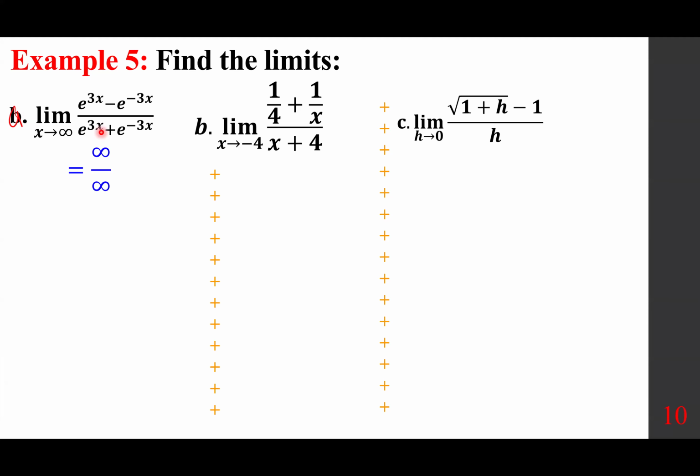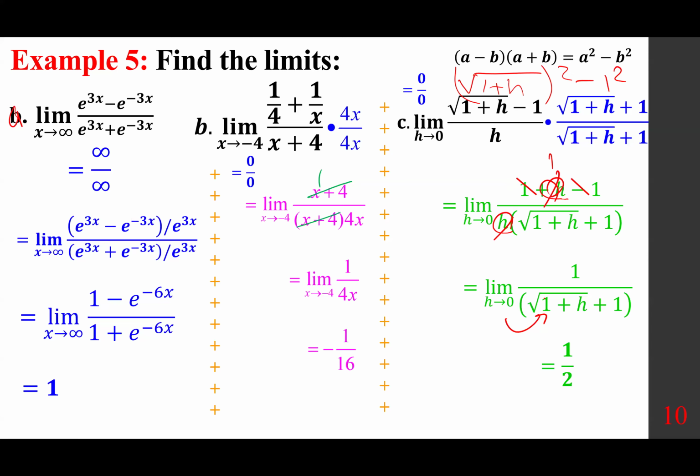The numerator is the square root of 1 plus h squared minus 1 squared. This is what we get. 1 and negative 1 cancel each other. h and h cancel each other. And now you plug in, you get 1/2. So very straightforward, everybody.